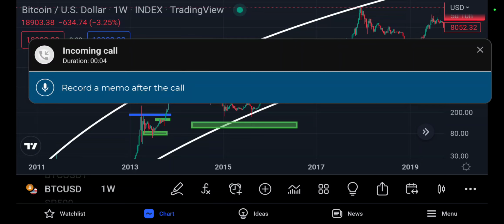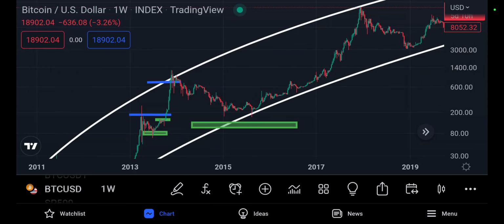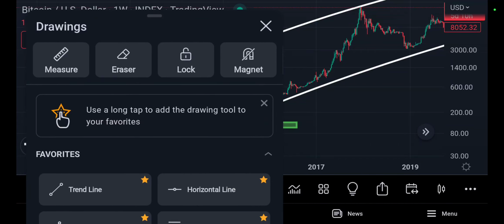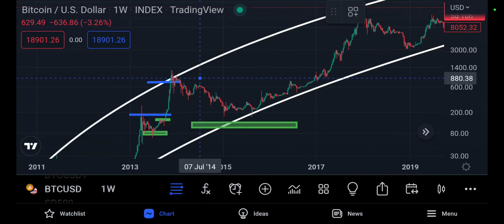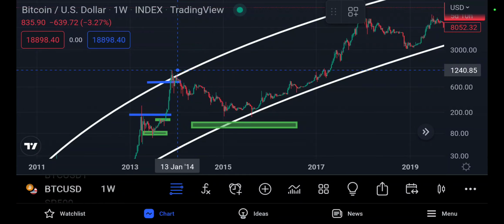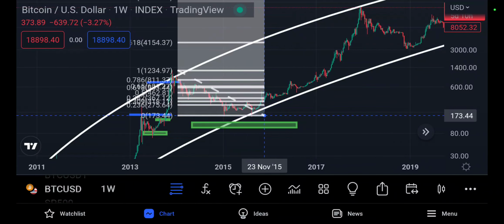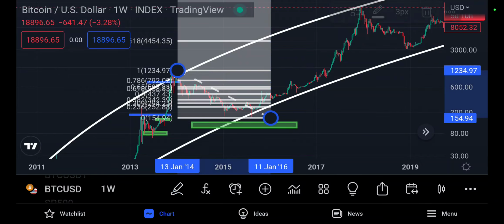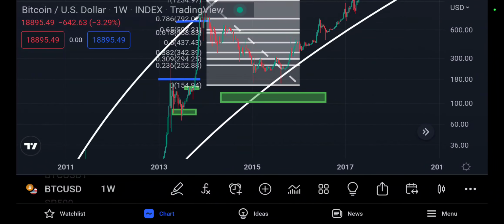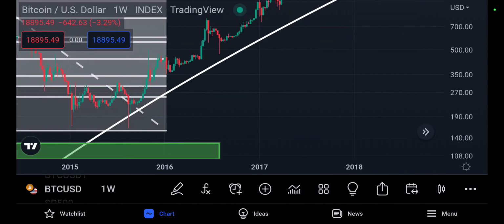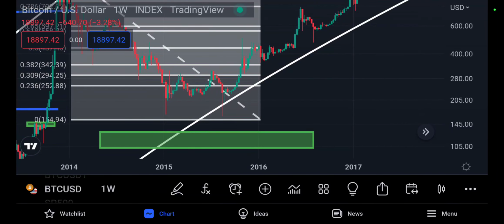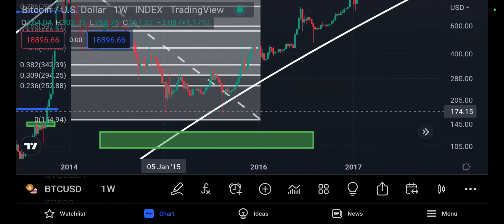Now, what you want to do is pull another Fibonacci retracement tool from this top price all the way to this bottom price, since we confirmed that this was the bottom indeed. And you could also figure out that this is the bottom because we had double bottoms here.